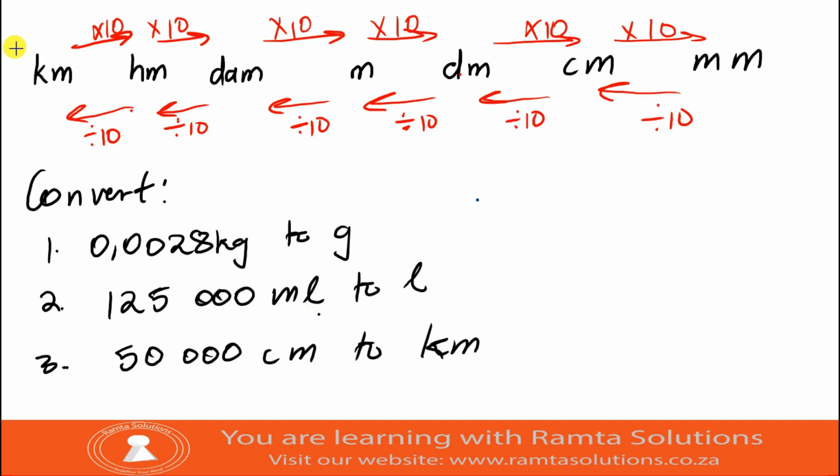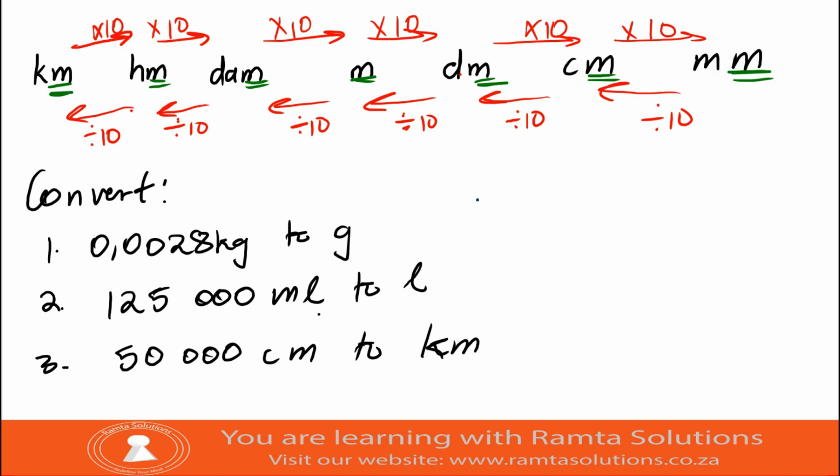We will say, remember now, in place of M, we are putting G, in place of this second letter M. So it's like you are seeing kilogram, hectogram, decagram, gram, decigram, centigram, milligram.